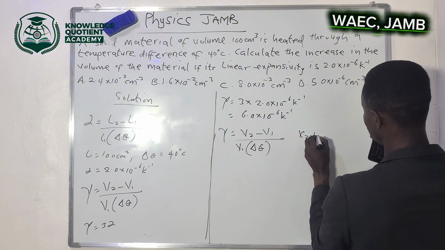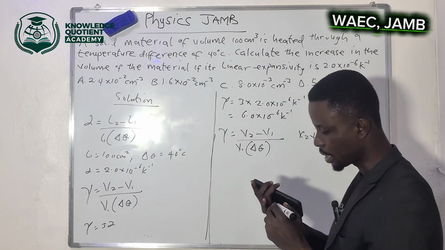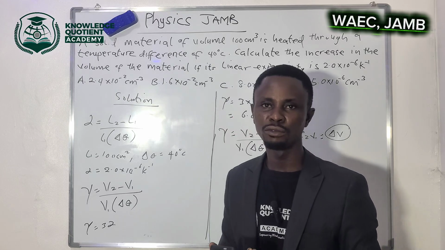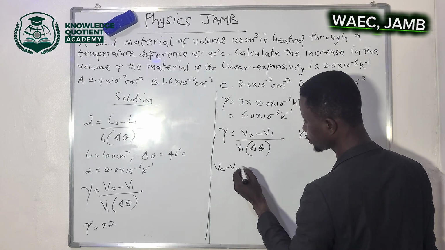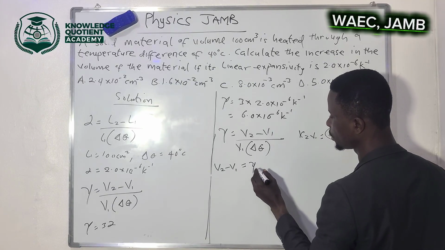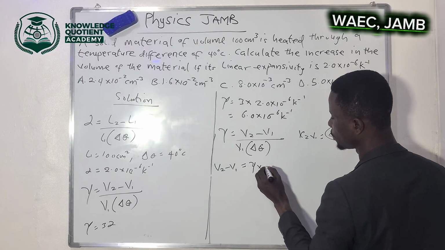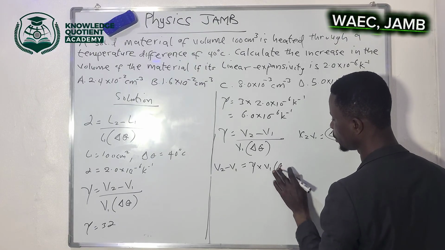V2 minus V1 is the additional volume gained due to heating. So V2 minus V1 is equal to gamma, the cubic expansivity, times V1, times change in theta.